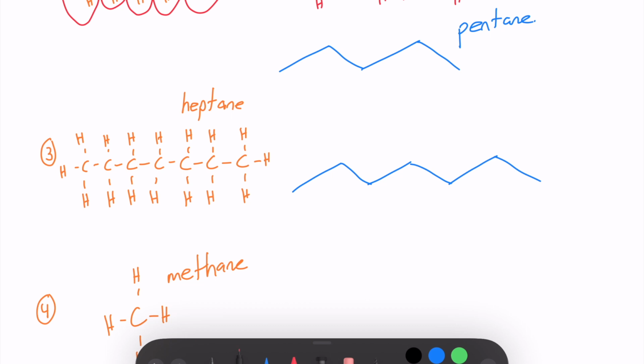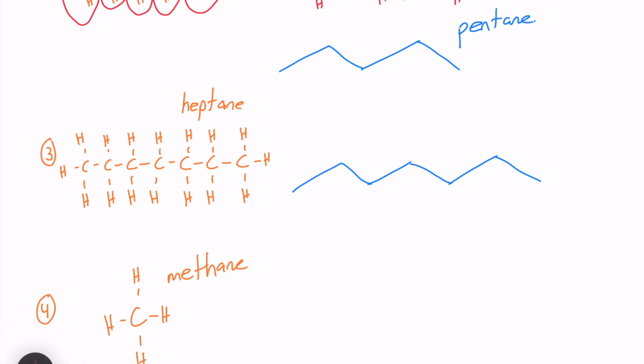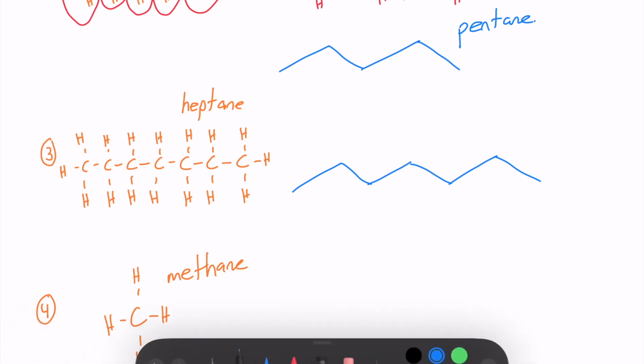Let's go through our carbon and hydrogen again. So our carbon, we have 1, 2, 3, 4, 5, 6, and 7. Notice they're found either at the end of a line or at an angle in a chain.